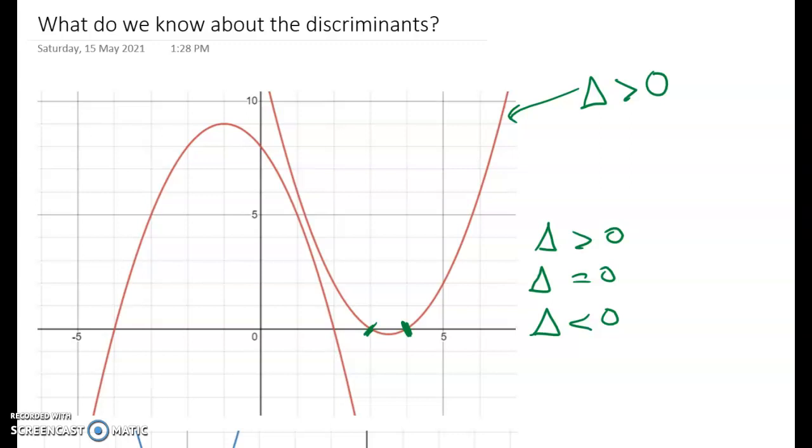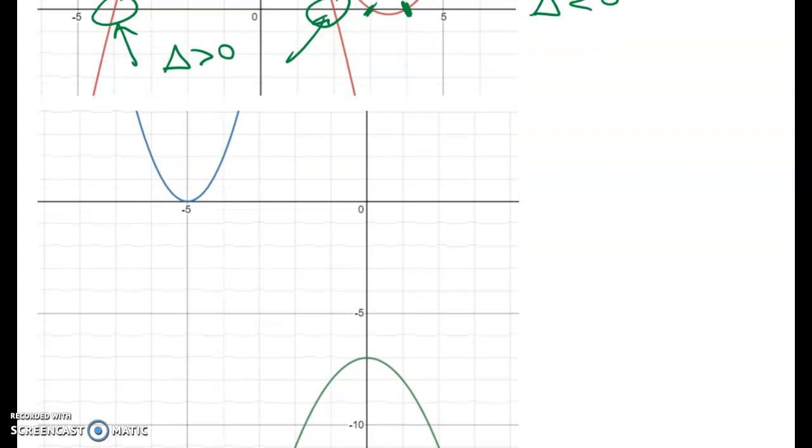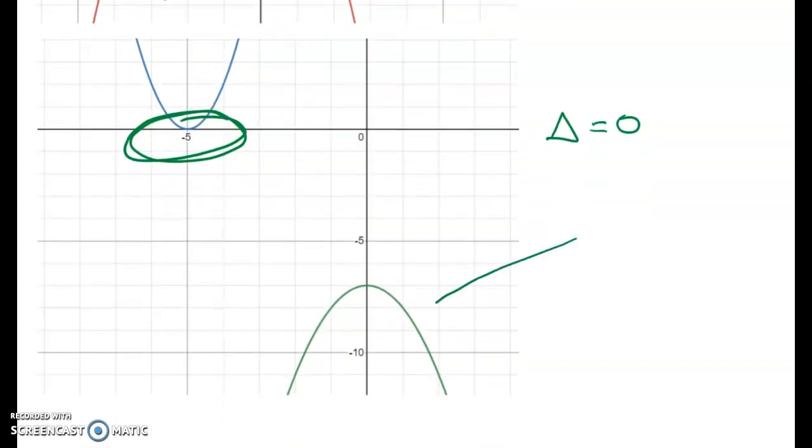And for this one here, the curve also cuts twice, so the discriminant is positive for that one. What about these next two? In this case, the discriminant is equal to 0 because the curve just touches the axis. And for this last one, it doesn't touch the axis and it doesn't cut through it, so there's no root. This is one where the discriminant is negative.